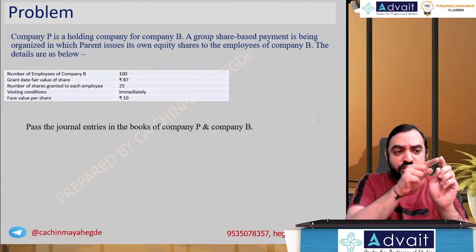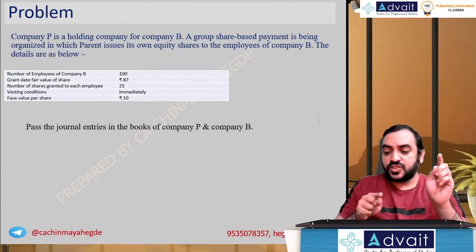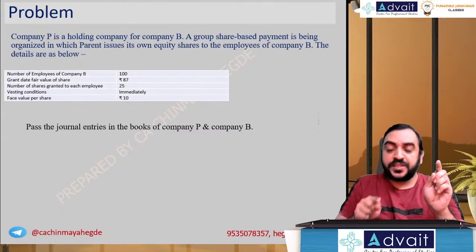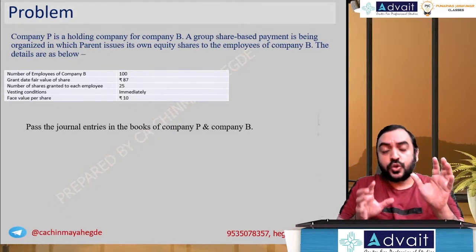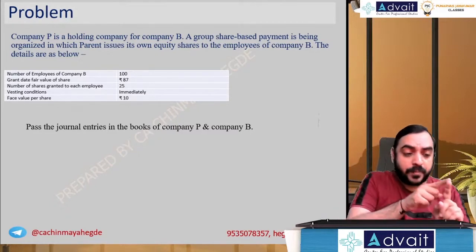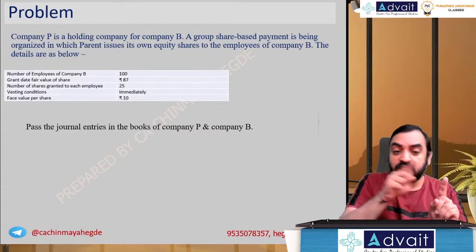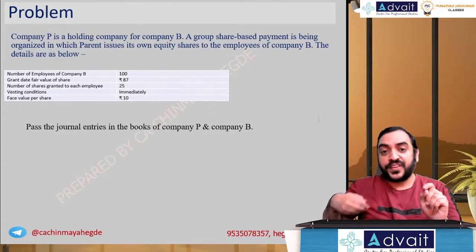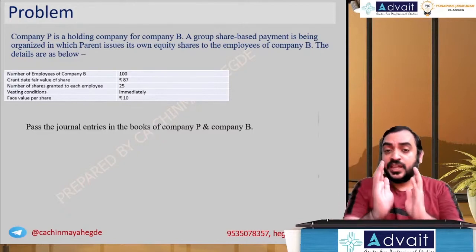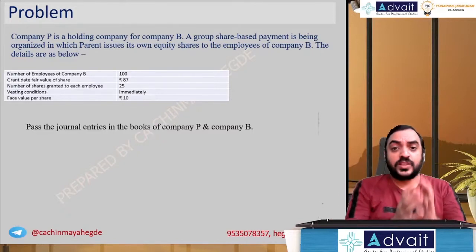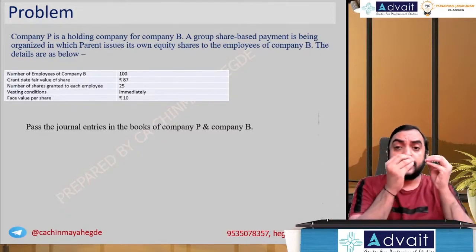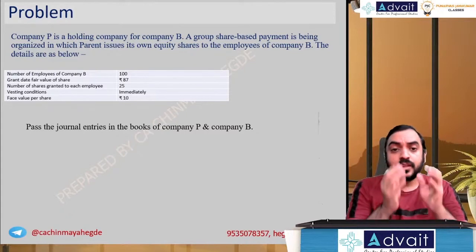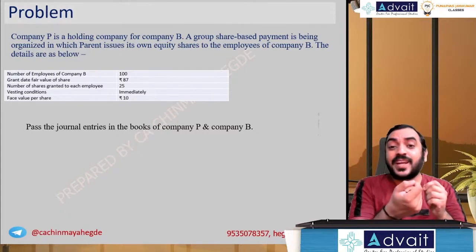The parent company issues the shares to the employees of the subsidiary company. So it is to be accounted like the holding company giving the shares to the subsidiary company, and the subsidiary company issuing the shares to their employees. That is how the chain should be accounted. So in the books of the holding company, they don't recognize expense.